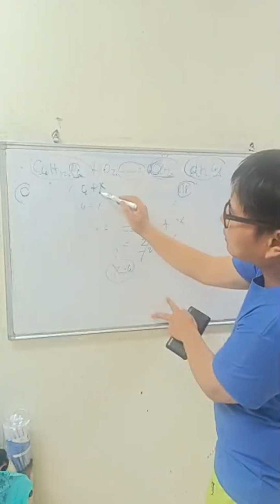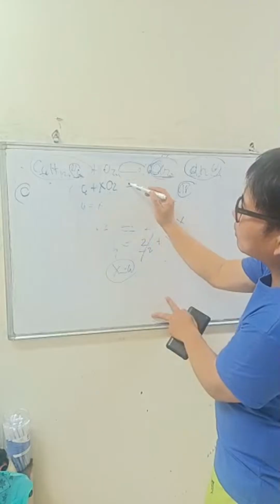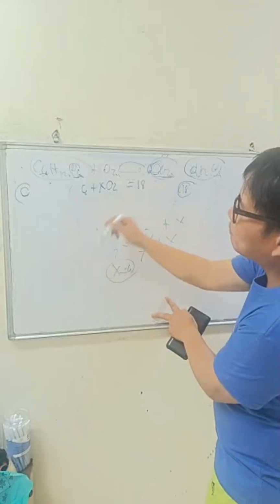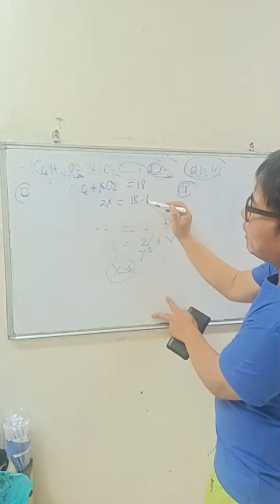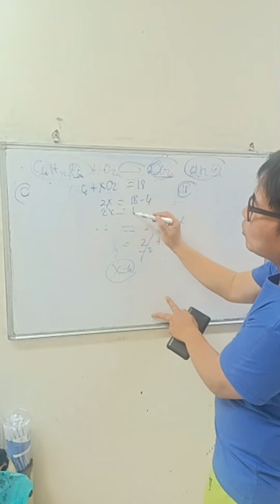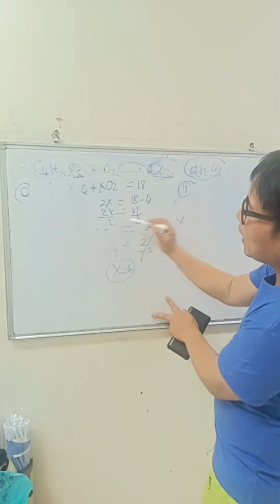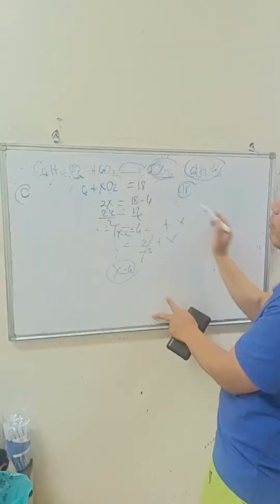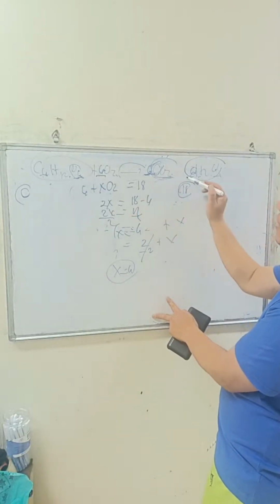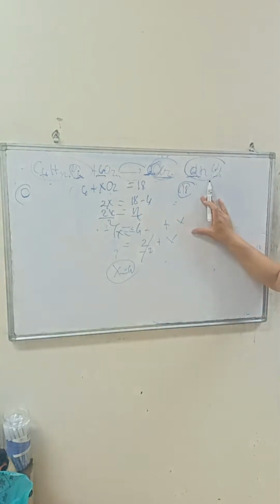Plus x, oxygen gas, is equal to 18. So therefore, 2x is equal to 18. So 18 minus 6, 2x is equal to 12. Divide by 2, x is equal to 6. So therefore, there are 6 atoms of oxygen. 6, 6, 6. Okay, you can memorize it.